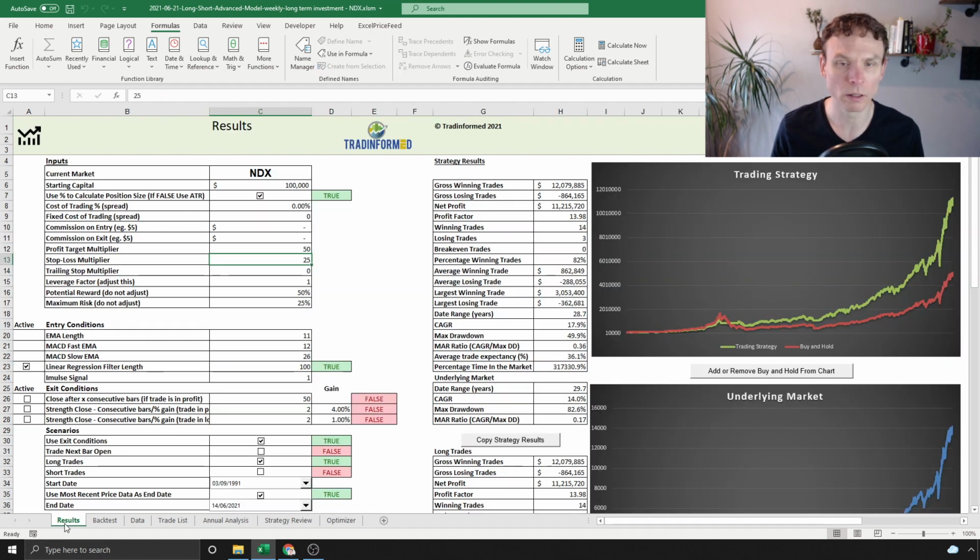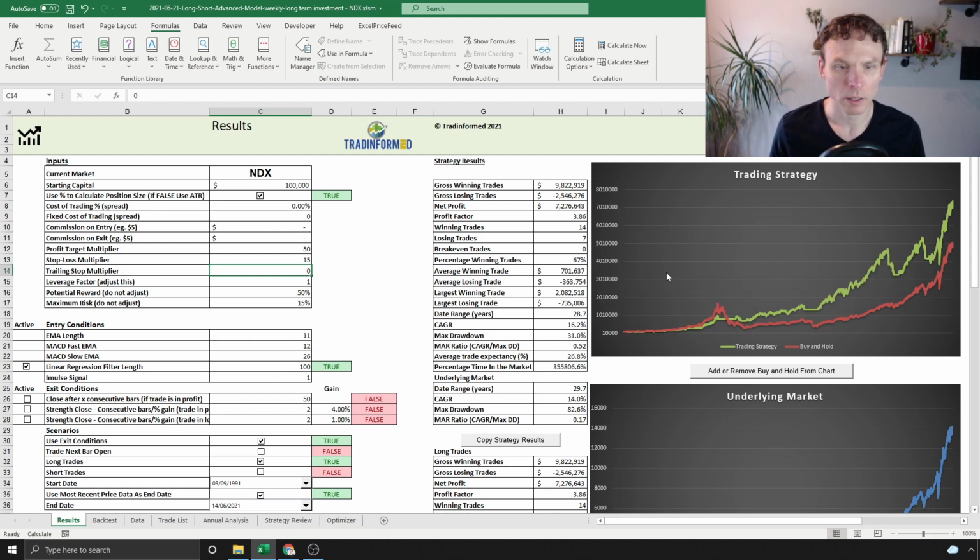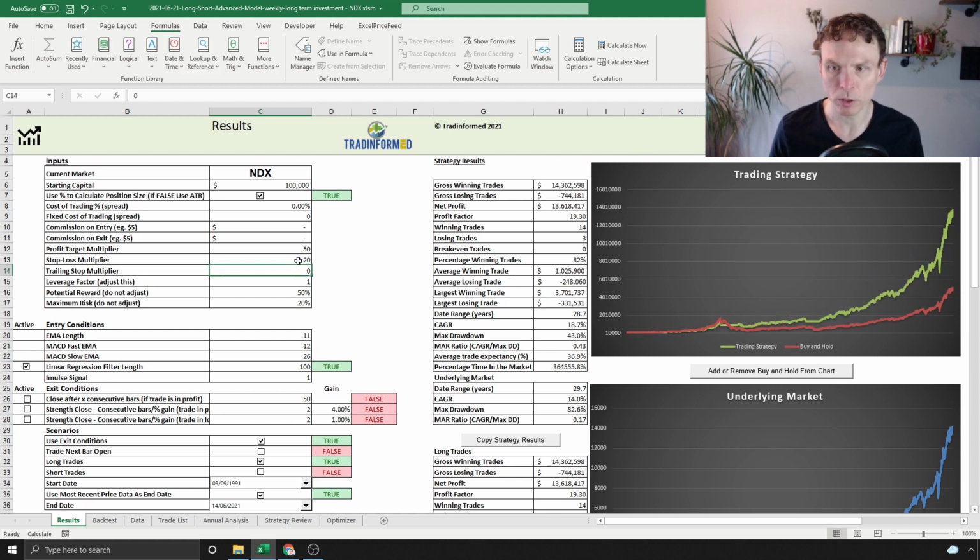So we can have a look, take that information, bring it back into the model. So see here, we've got a MAR ratio slightly better, even though we have some big drawdowns in more recent years using 15, but at 20, those drawdowns occurred in earlier years. And so we have a higher net profit.